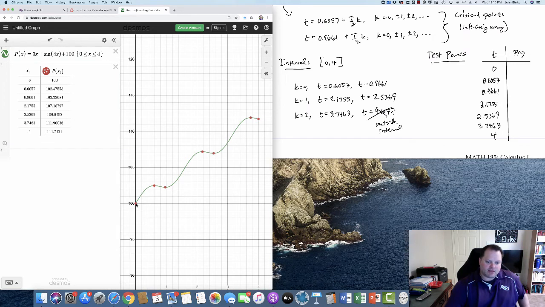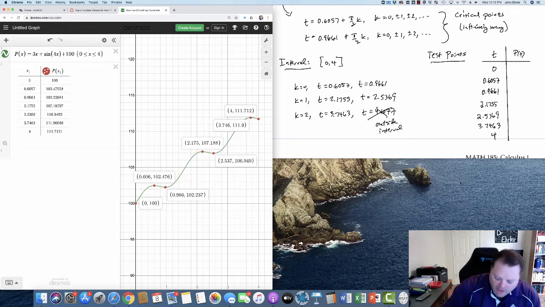And look at how good of a job we did. You can see that I've got the endpoints marked on the graph. And then here's a maximum, there's a minimum, there's a maximum, there's a minimum, there's a maximum. These are all of the values that we just figured out. And the largest of the values, let me write these down real quick.